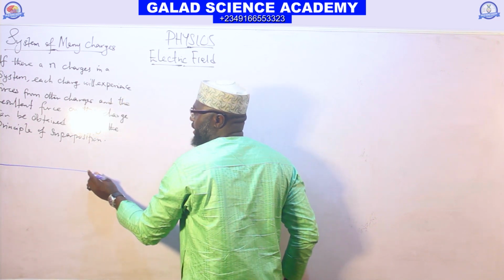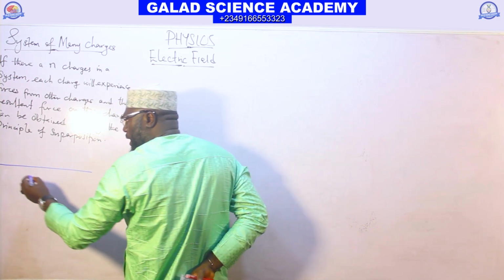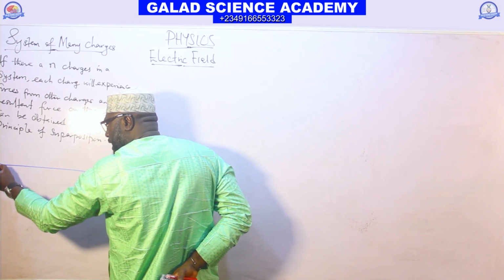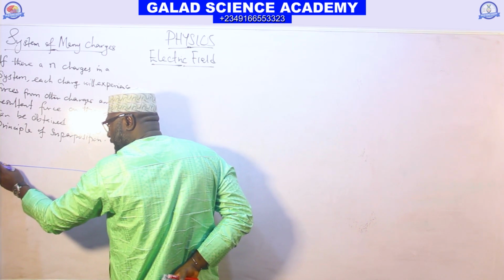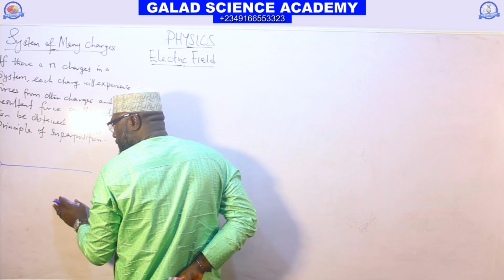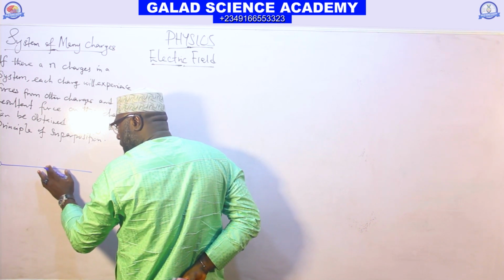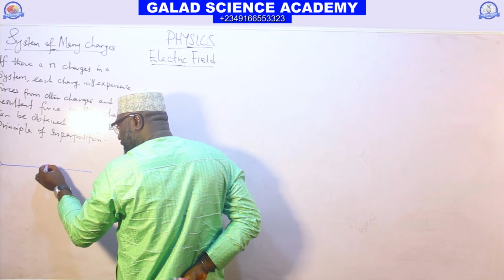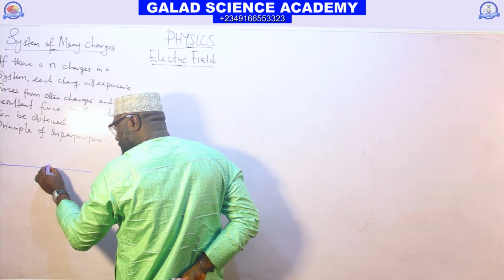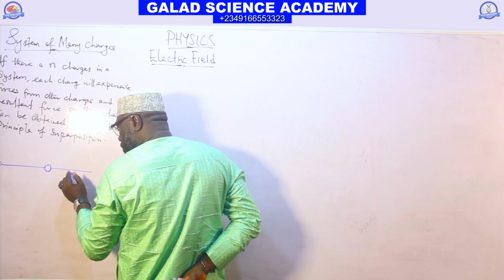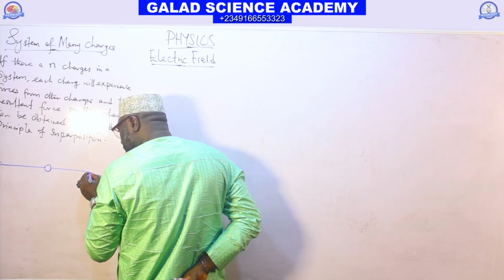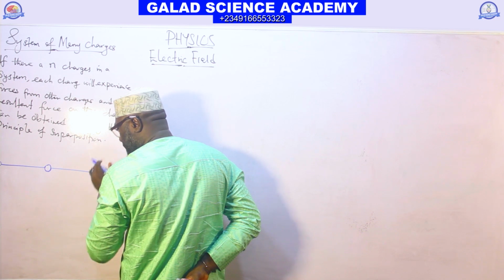Take for instance, assume we have a straight line in this form, and on this straight line we have a charge here, another charge here in the middle, and another charge here.